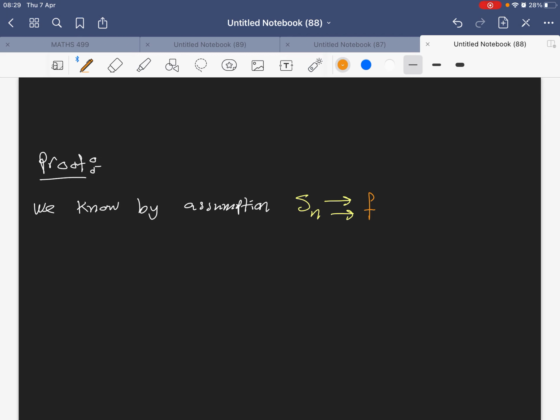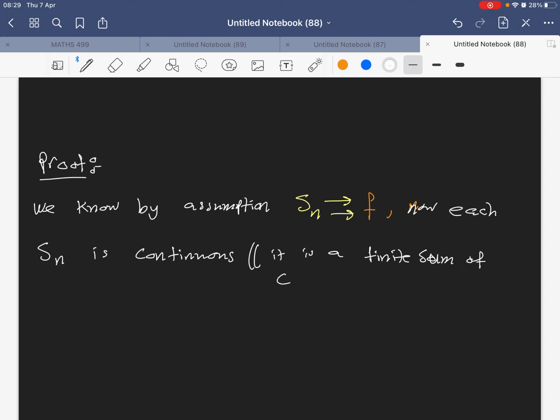Now, each Sn is continuous. Why? Because it is a finite sum of continuous functions.